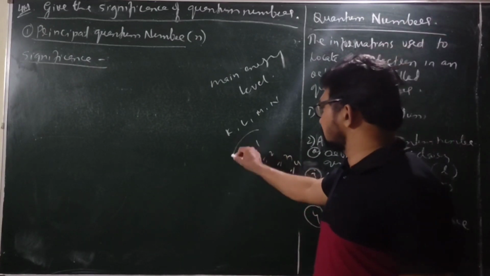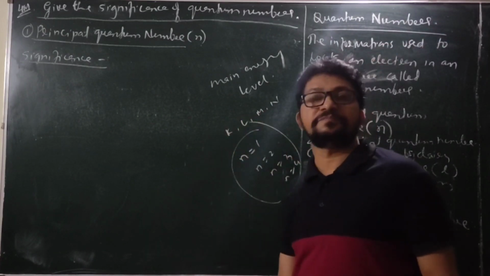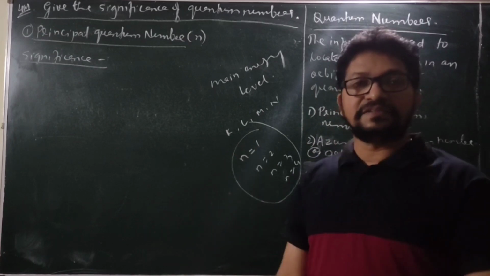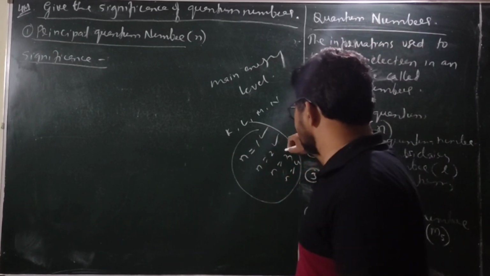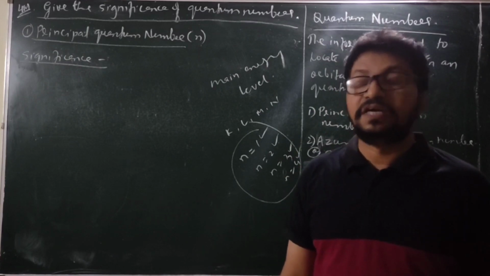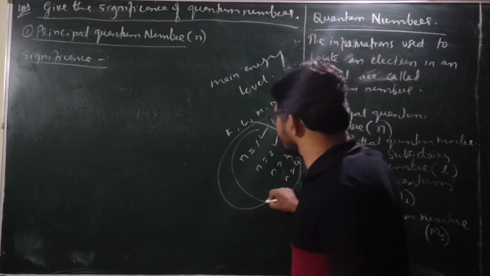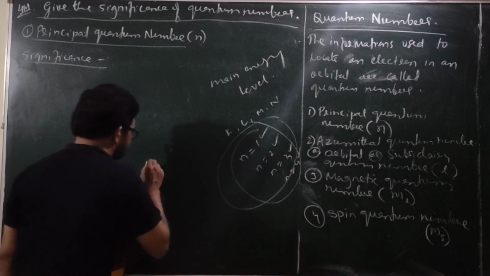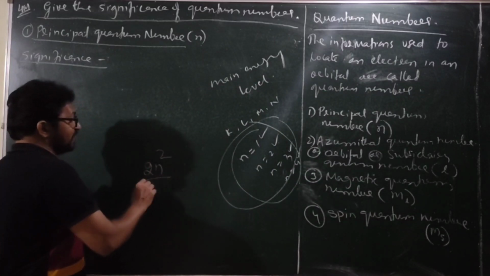Even the energy of the orbits you can predict. As the n value increases, the energy of the orbits also increases. The number of electrons also you can calculate with the formula 2n square.